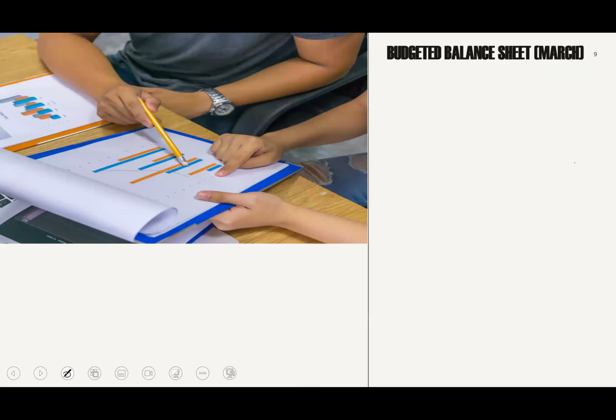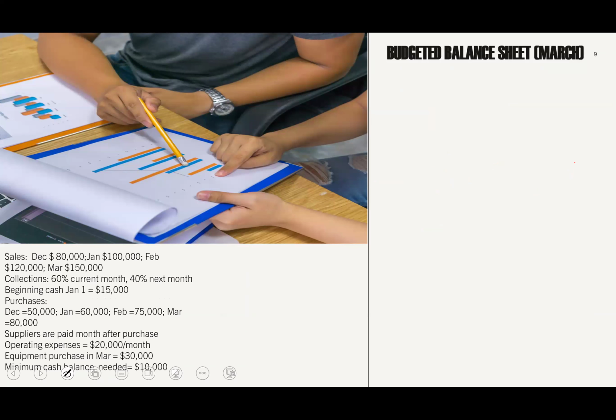Let us go to the balance sheet. I didn't have a whole lot of stuff to put into the balance sheet, but this is a point where accounts receivable and accounts payable become important. So let's spend a minute talking about that. There are a lot of numbers coming from previous balances. So let us talk about the cash collections.